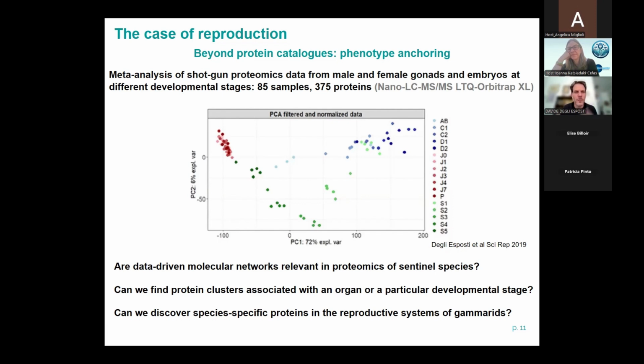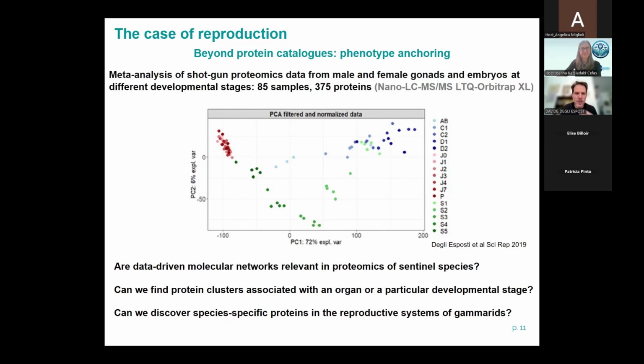a general view of the protein profiles based on a meta-analysis of shotgun proteomics data from male and female gonads and embryos at different developmental stages, with a data set of around 400 proteins across more than 80 samples.